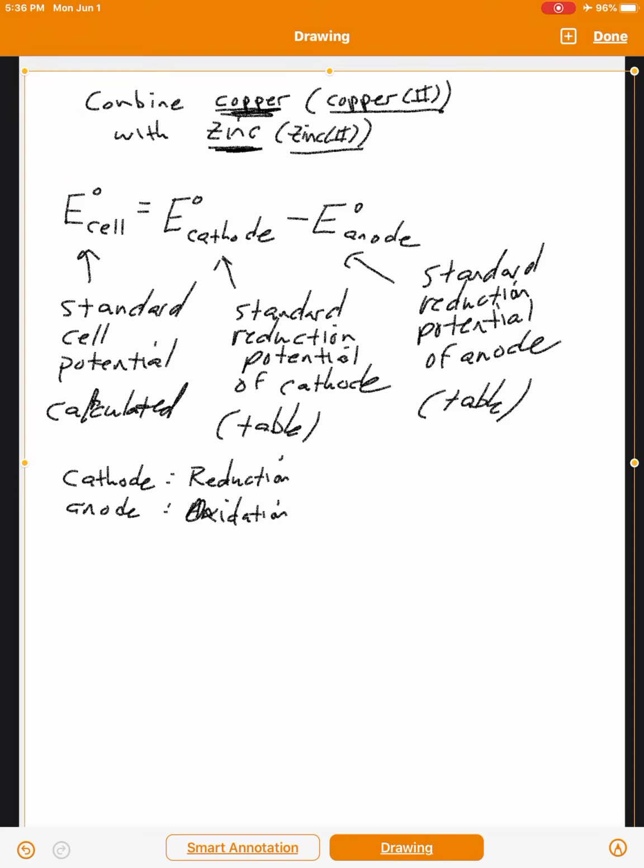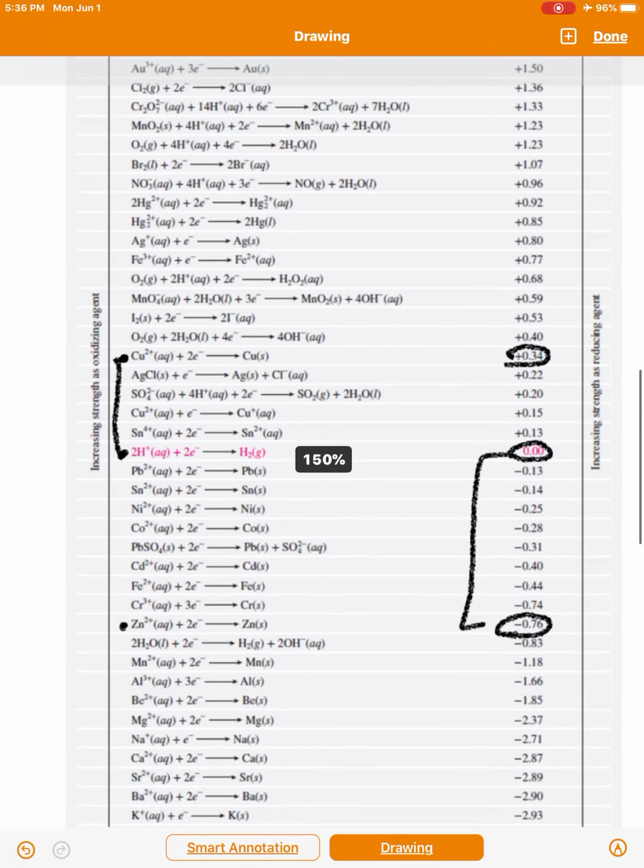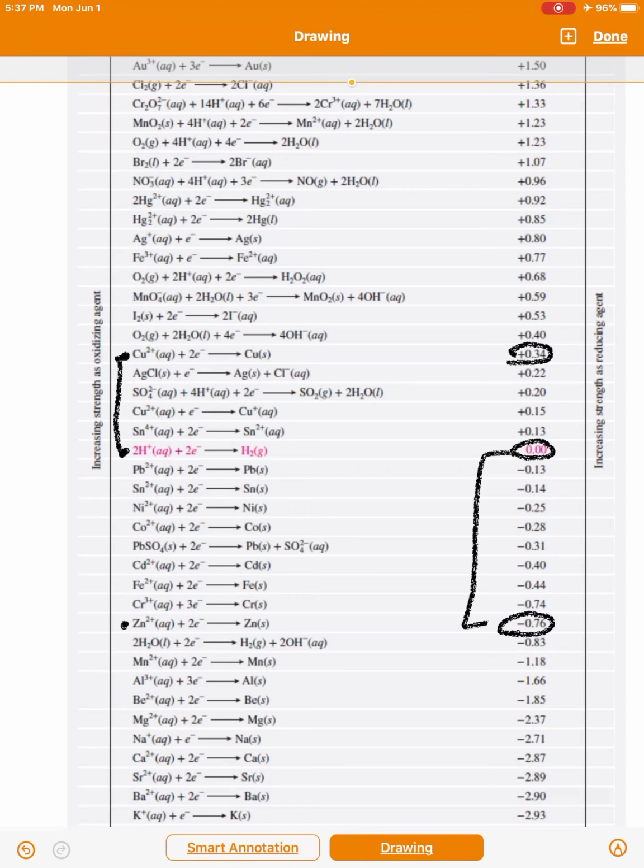Okay, now in practice, you look up the one that's higher in the table. It's that easy. You just look for the one that's higher up in the table, and that is the cathode. And you look for the one that's lower in the table, and that's the anode. Okay? So if we come over here, we have two choices. Here's copper. All right?